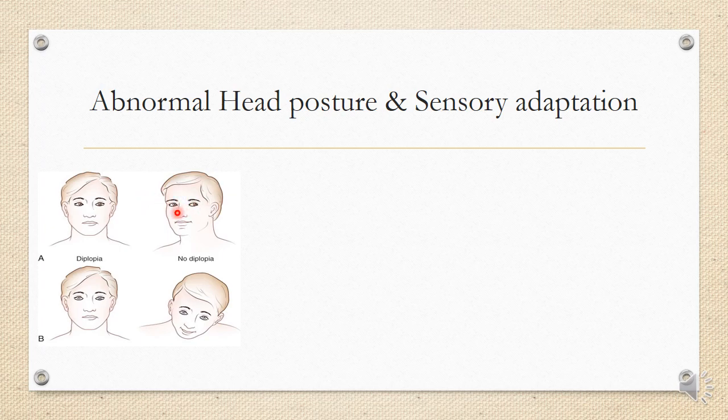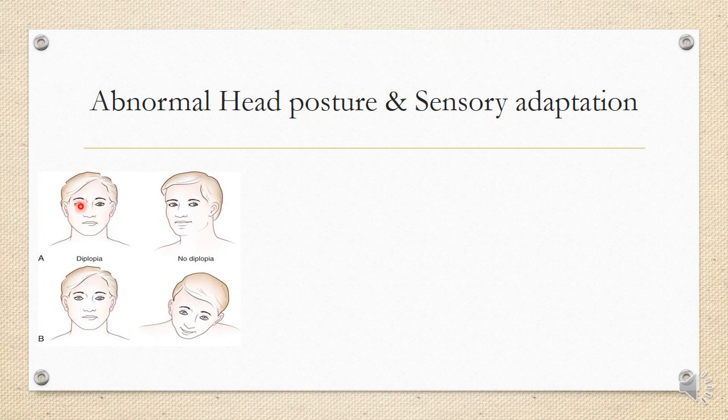He will turn his face to the right side, so both his eyes move towards the left side on the principle of the doll's head phenomenon, and there will be less deviation leading to no diplopia. So the face will always be turned towards the affected muscle side.